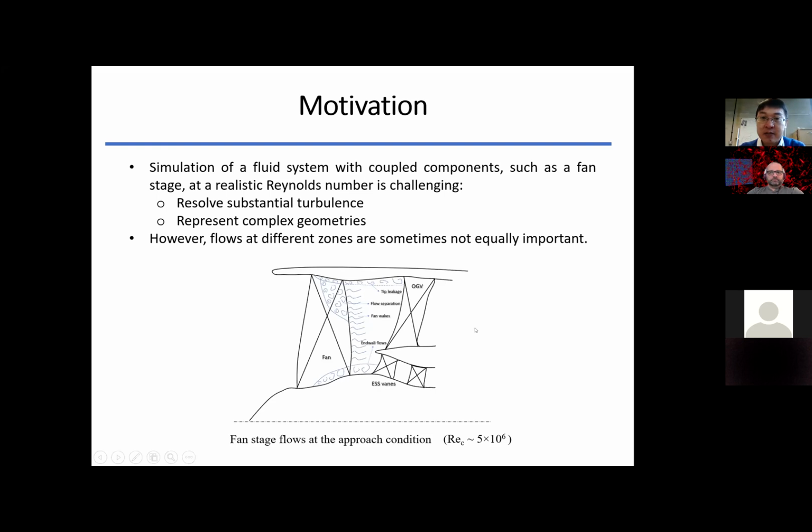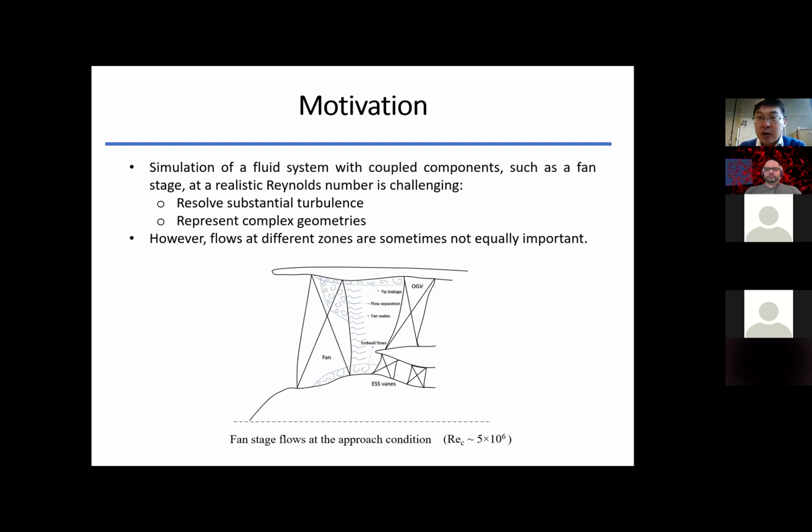So the flow is massively separated at the tip, and the separation is tangled with the tip leakage flow from the tip gap, and also coupled with the shedding wakes behind the trailing edge. So it's quite complicated turbulent flow. It's almost impossible to model that correctly using the RANS method, so that has been done using some high fidelity method like the LES method.